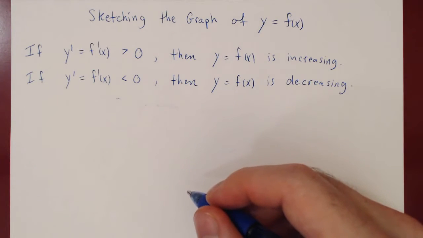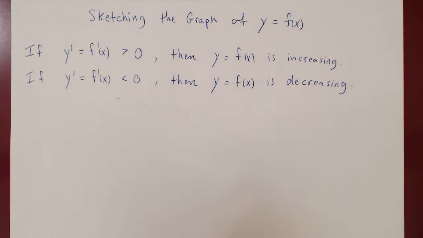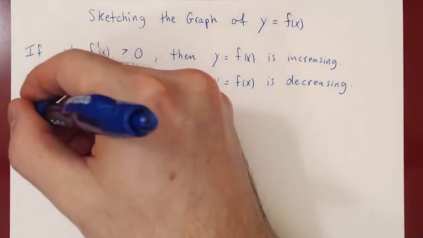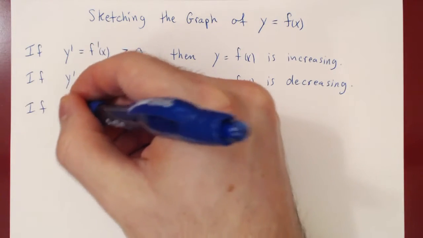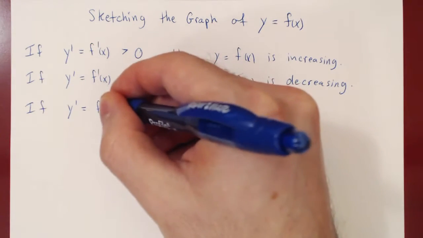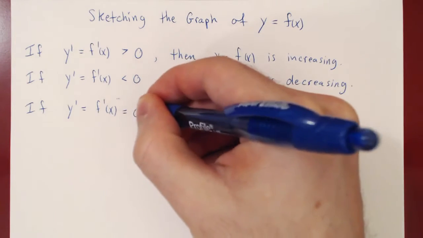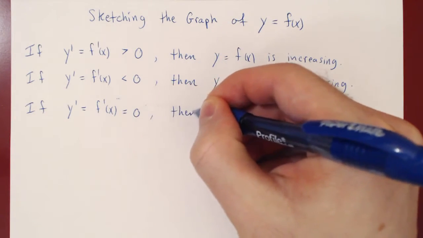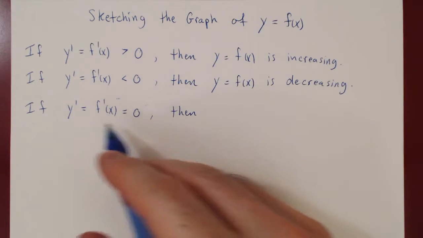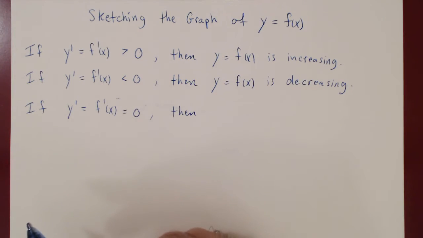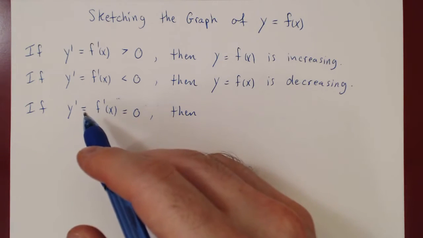And there's one last option. Maybe the derivative is equal to 0. So what if you have a value of x where the derivative is actually equal to 0? Well, again, the derivative is the rate of change of the function, which is also the slope of the tangent line.